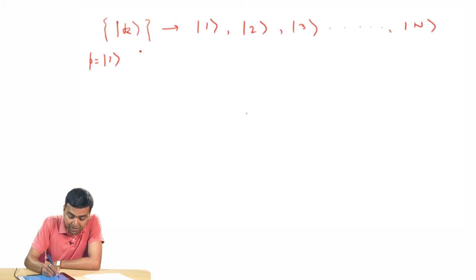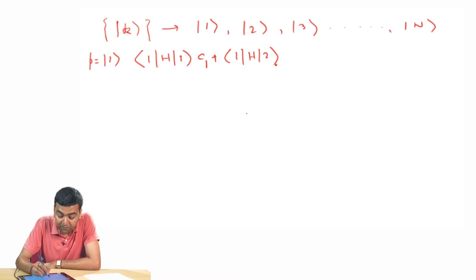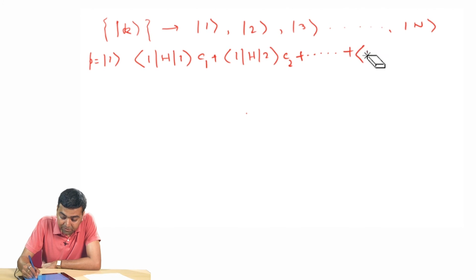So, what I will get is a set of numbers of this form: <1|H|1> C1 plus <1|H|2>, the expectation value of H between 1 and 2, C2, and this will go on till we get <1|H|n> Cn, which equals E C1.